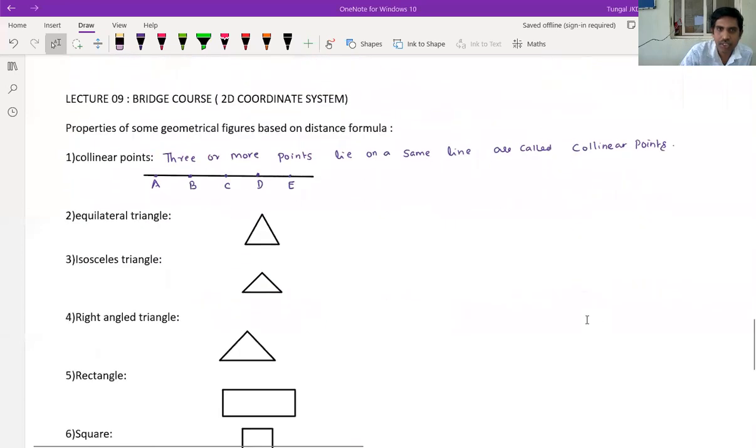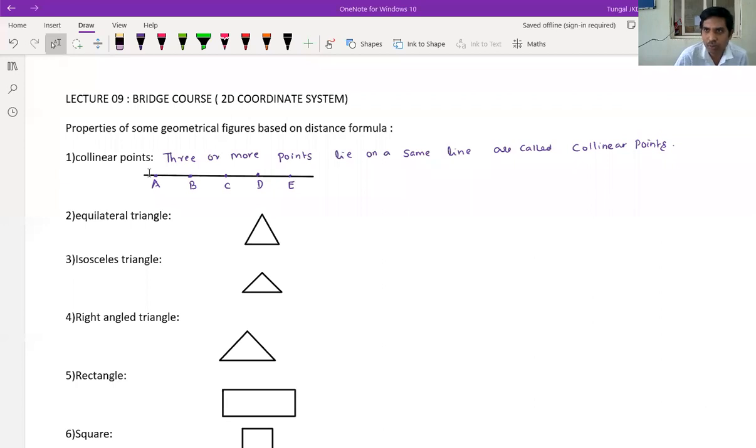Okay. Right. So the definition for collinear points: 3 or more points lie on a same line are called collinear points. Here I took, observe, on that line A, B, C, D, E, like that. You can take 3 or more. So 2 points are always collinear. Remember, 2 points are always collinear, but the condition we will give is based on 3 or more.